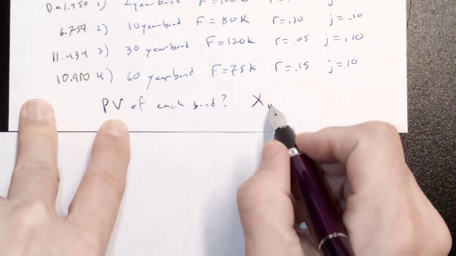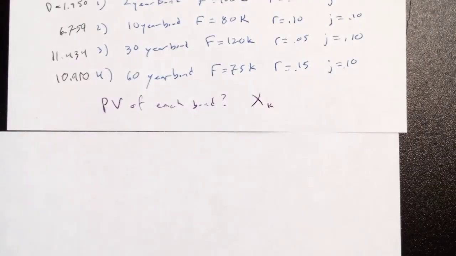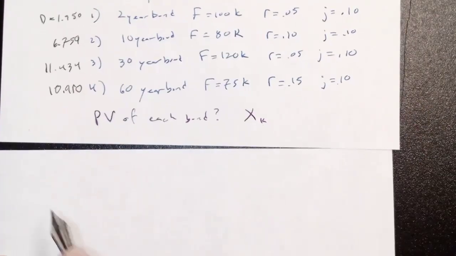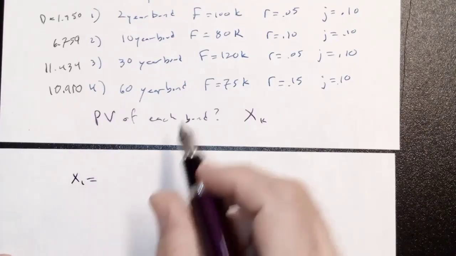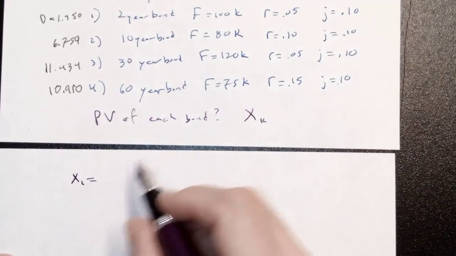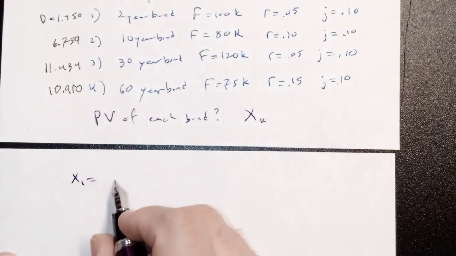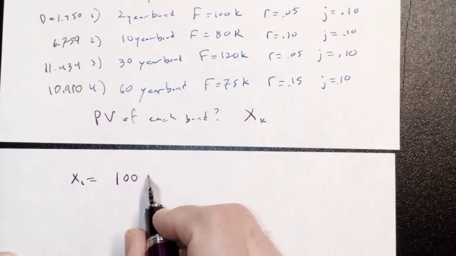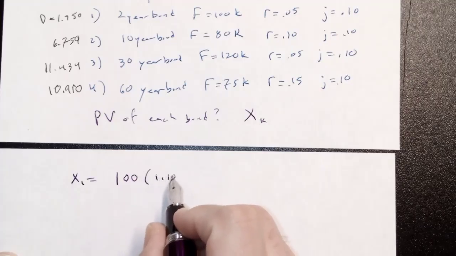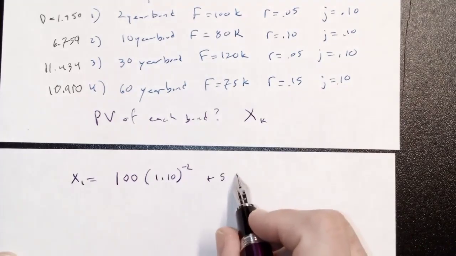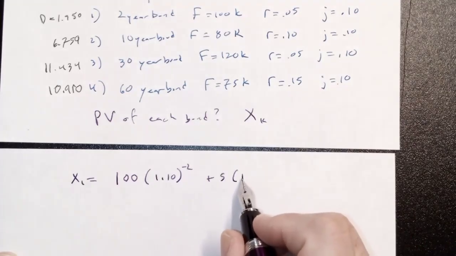Those are our values XK. So I need X1, X2, X3, X4. X1, bond number 1, is a 2-year bond with a face value of 100,000. I'm just going to do everything in thousands. So I'm going to say the face value is 100. Bring that back 2 years. The coupons are 5. Bring that back.